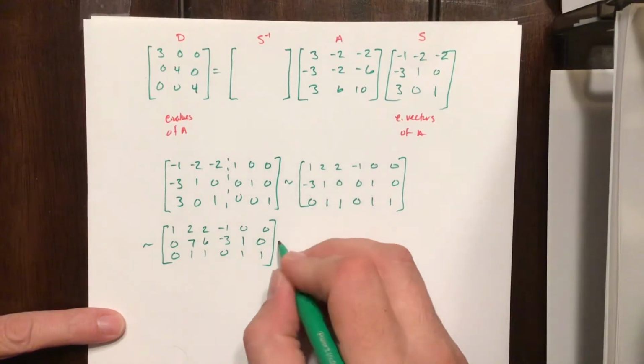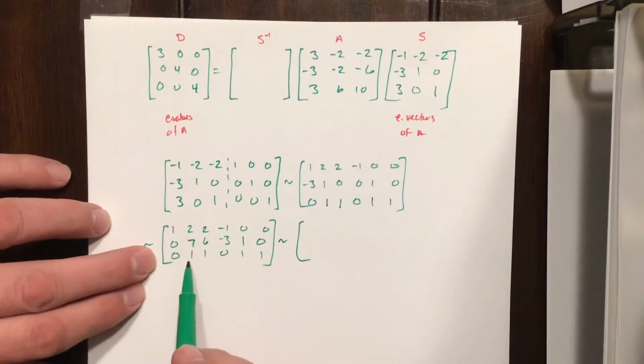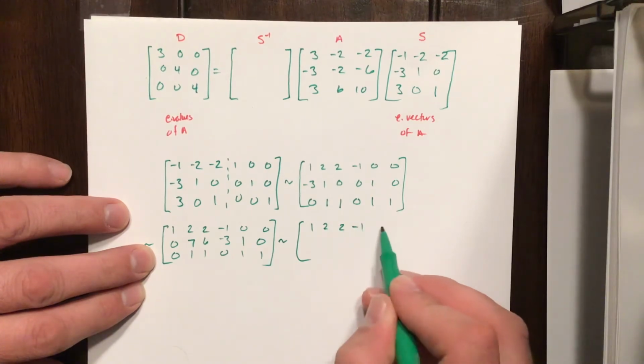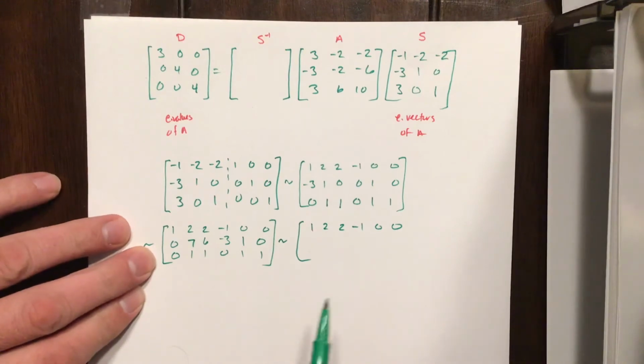So now, let's work on rows 2 and 3. So multiply row 3 by 7 and subtract. So we got 1, 2, 2, -1, 0, 0. Let's see.